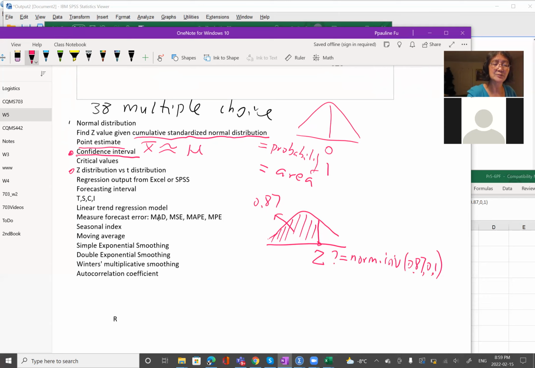You use normal distribution when you have a large sample or when the population standard deviation is given. Most often, you will use T distribution.